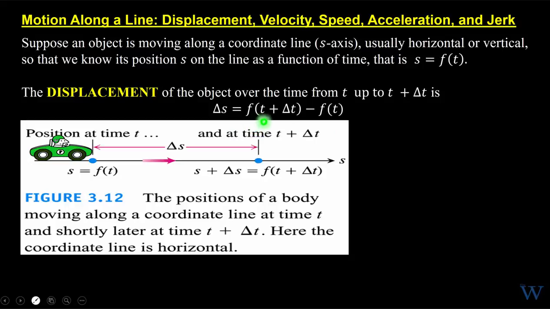So it's f of t plus delta t minus f of t. So it's the displacement from this point to this point, okay? So it's like the amount traveled from time t up to time t plus delta t. So that's your delta s, right?